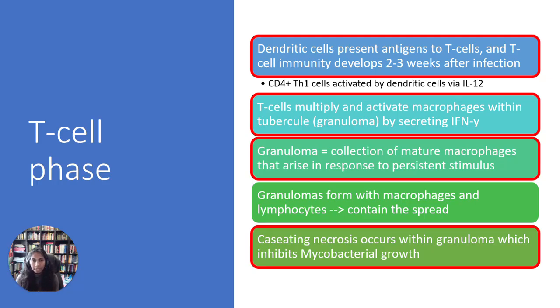A granuloma is a collection of mature macrophages that arise in response to a persistent stimulus. These granulomas form with macrophages and lymphocytes, and they eventually contain the spread of the infection and are walled off. Caseating necrosis occurs within the center of the granuloma, which inhibits mycobacterial growth.